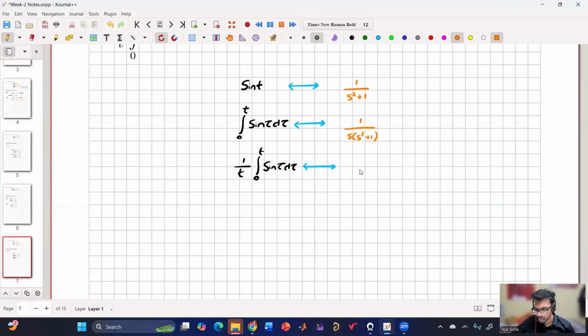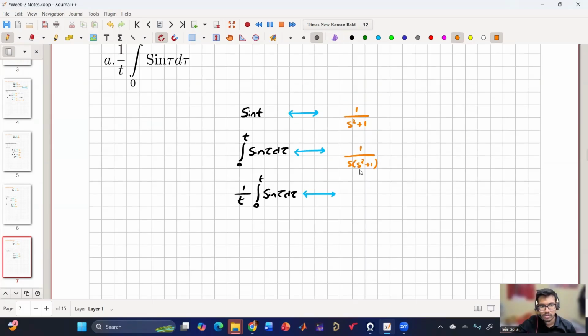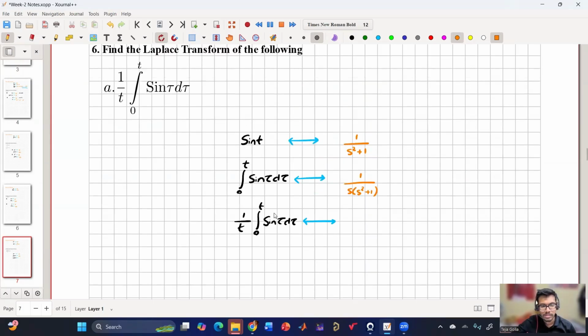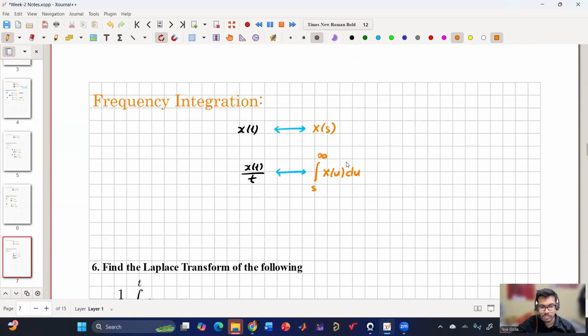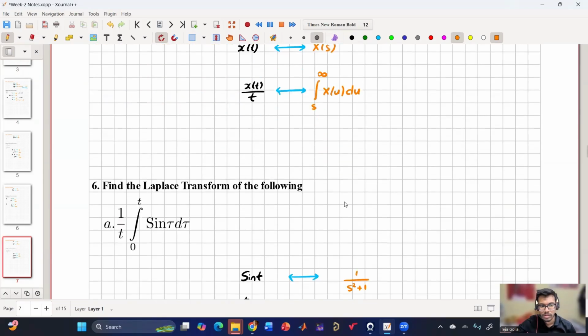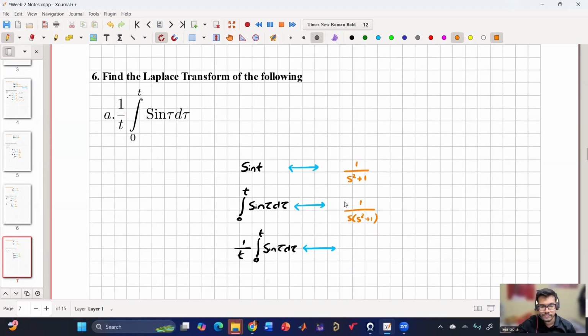Anyone? This Laplace transform. So we have x of t by t, right? So what is the Laplace transform? Are you getting it?